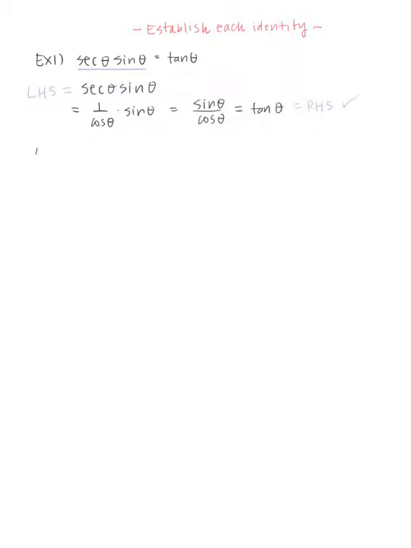Let's try another one. So let's call this one example 2. Sine of theta times the quantity cotangent of theta plus tan of theta equals secant of theta. Okay, so which side do you want to start? I would start with the left hand side because that looks a little bit more complicated. So let me underline that.